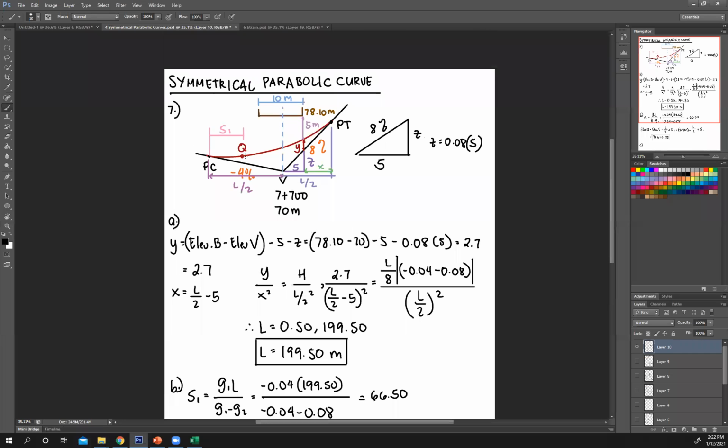That's why the elevation of the catch basin is directly the elevation of Q.